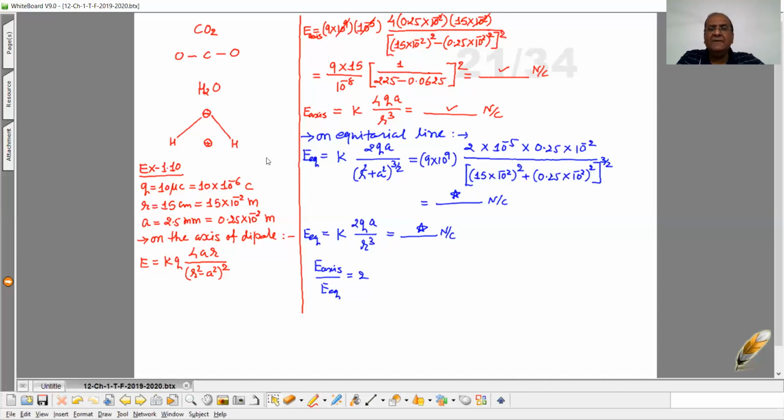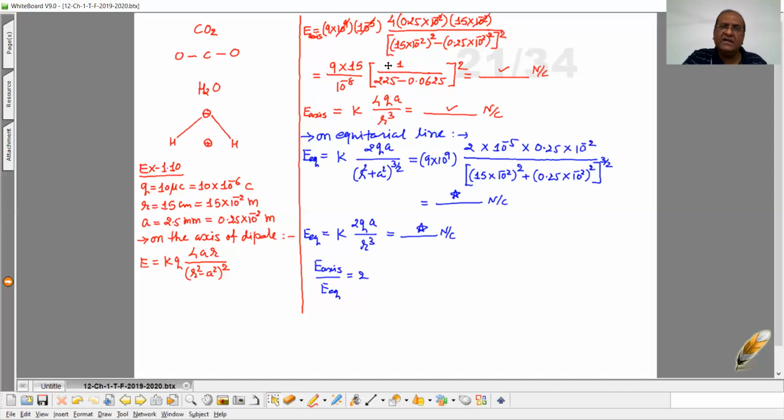It implies that by calculation it is represented here, if R is very much greater than A, in that particular case we can use this particular equation directly. So that is just represented here. Okay, but see, in text this is calculated like that: first due to positive charge, then due to negative charge, and then after taking the summation, the resultant field.